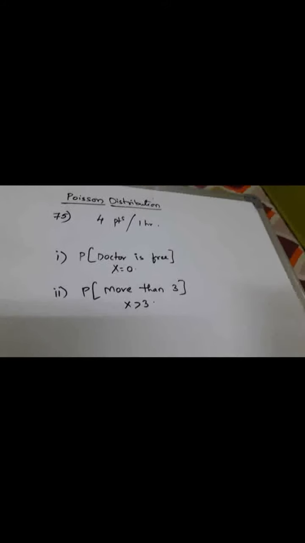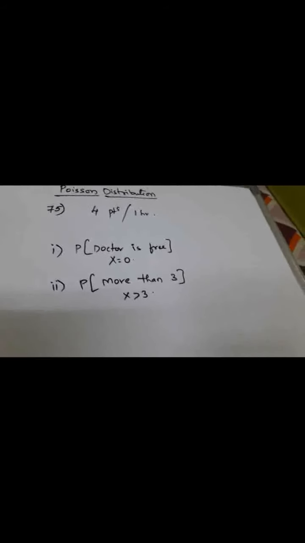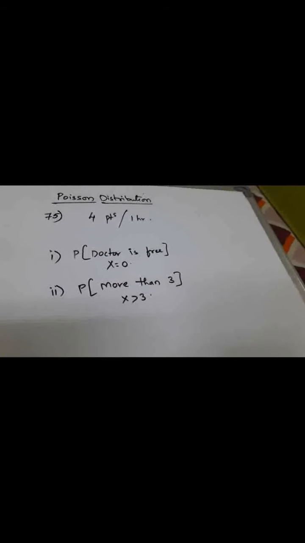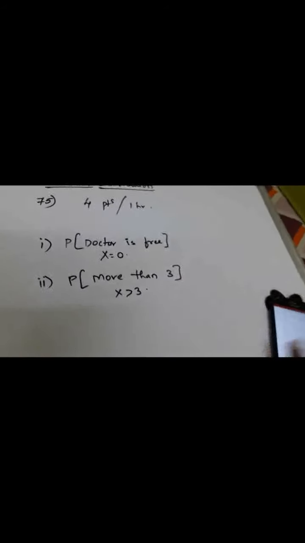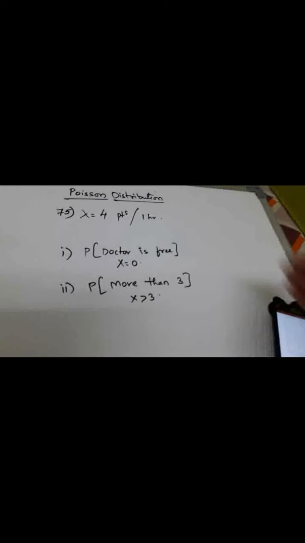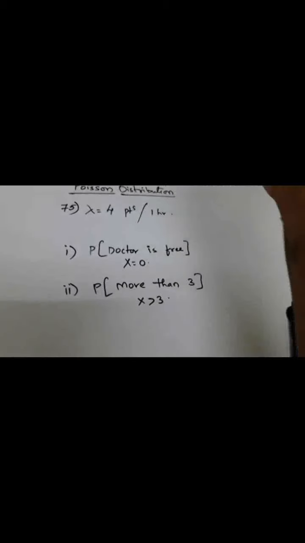Once again I am reading the question. Question number 75. It has been found that on an average 4 patients visit a particular doctor during 1 hour. So definitely it will be considered as lambda. As you all know, Poisson distribution has one and only parameter. Here, on an average, because n is not fixed, how many patients are visiting a doctor in an hour?